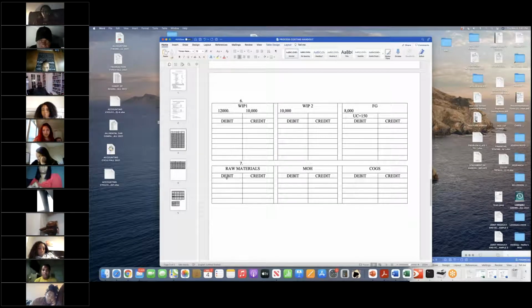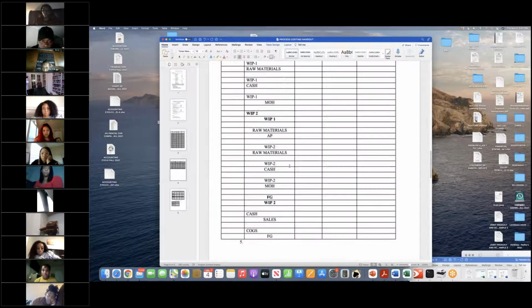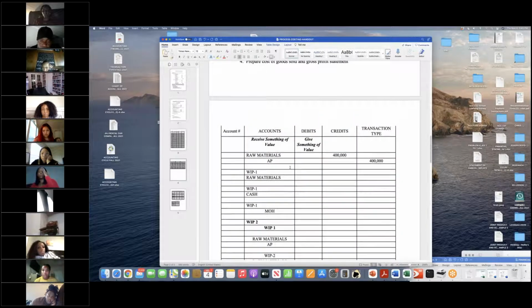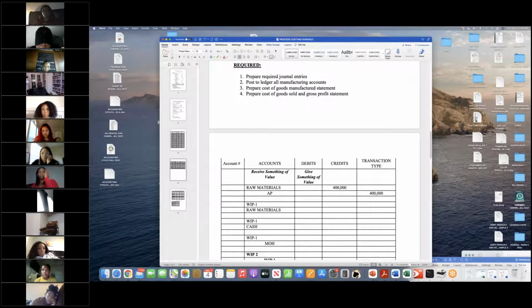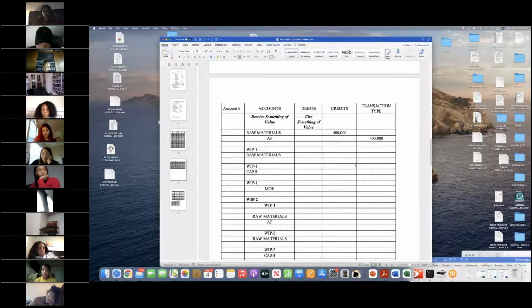You go to raw materials, put 400,000 in on the debit side.